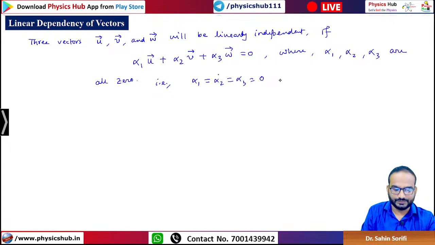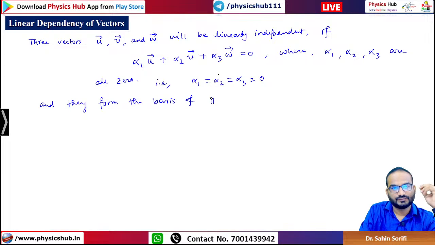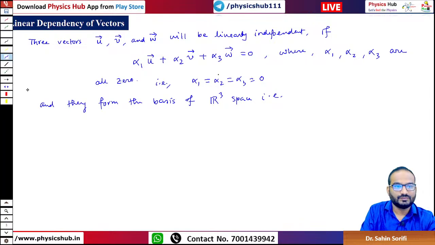Now write another line: they form the basis of the real three-dimensional space. What is the meaning of forming the basis?